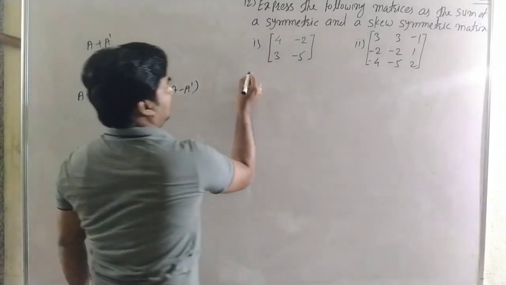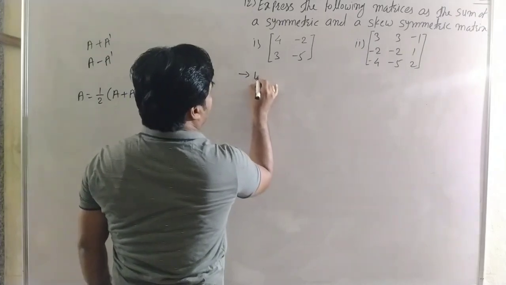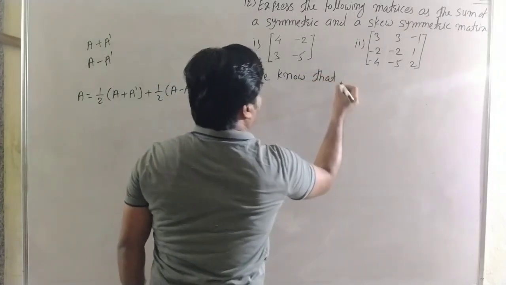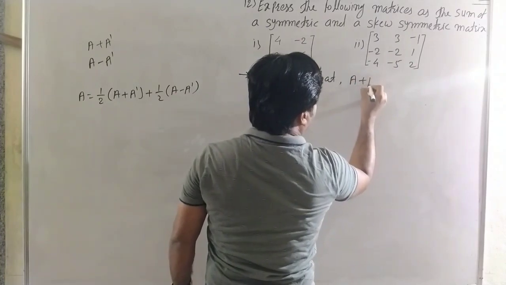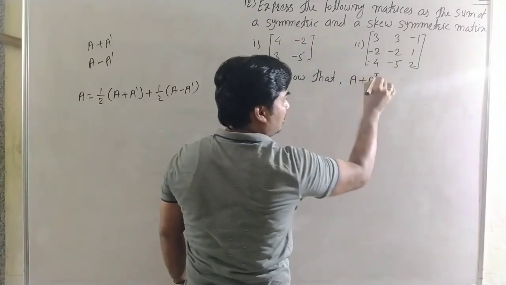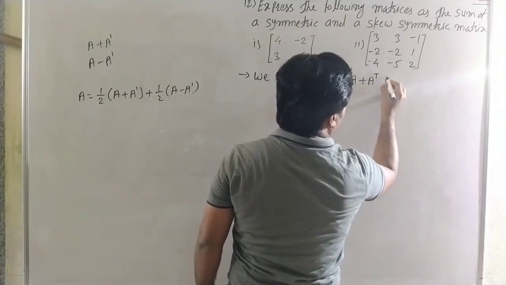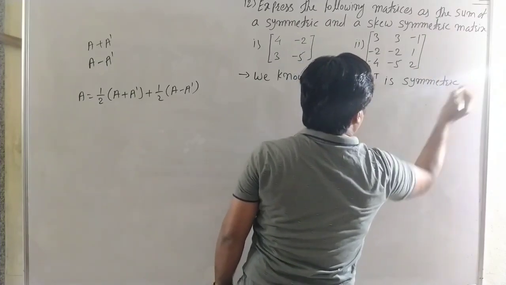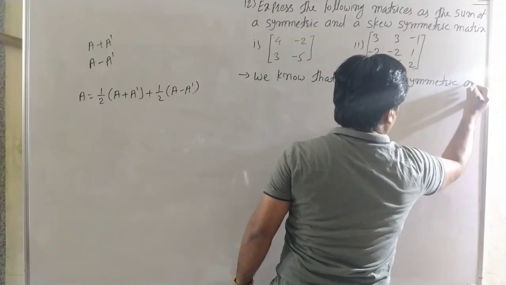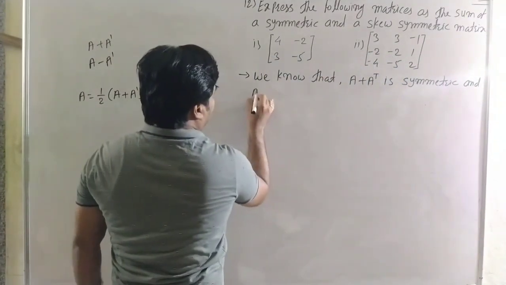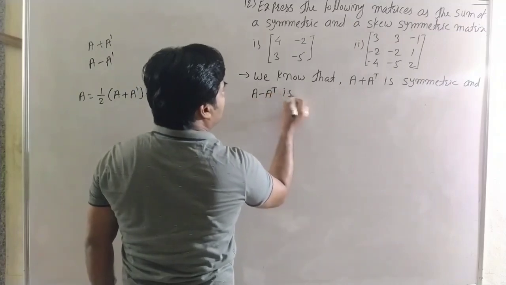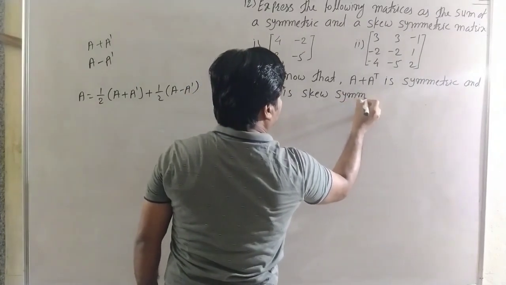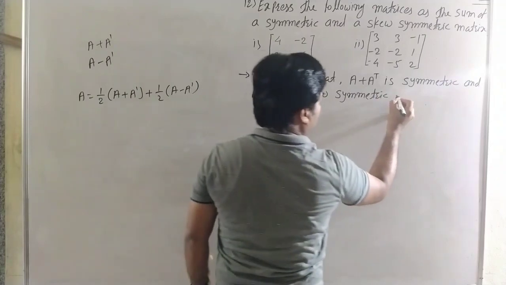Okay, here for the solution we know that A plus A transpose, we can take dash or T, A plus A transpose is symmetric and A minus A transpose is skew symmetric matrix.